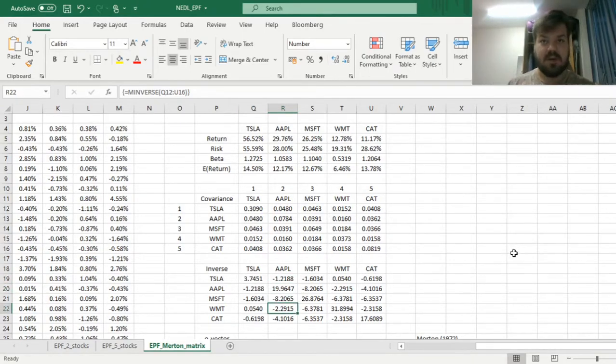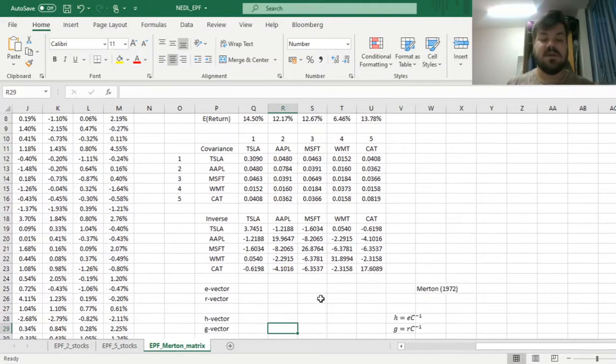Later on, we will use this covariance matrix to calculate a bunch of vectors that will then characterize our investable universe in terms of the efficient portfolio frontier. But first of all, we need 2 starting vectors that would also guide us in all our following analysis. The E vector is just a vector of ones of length equal to the size of your investable universe.